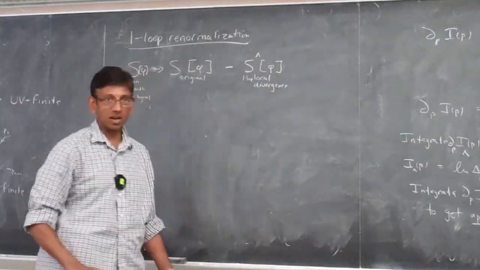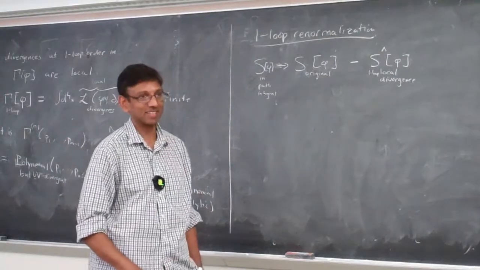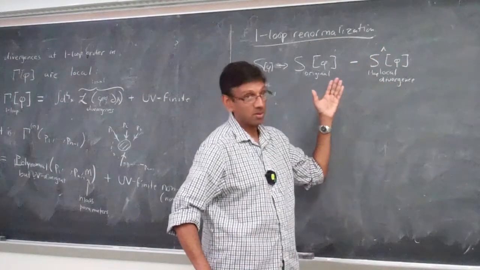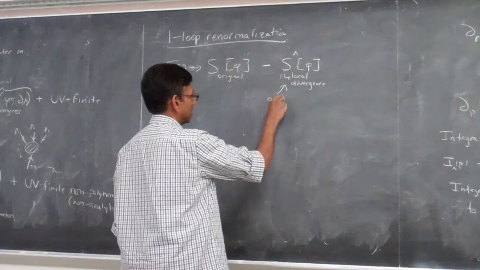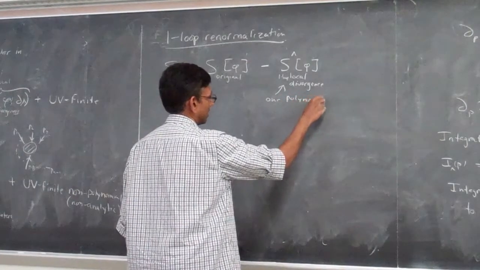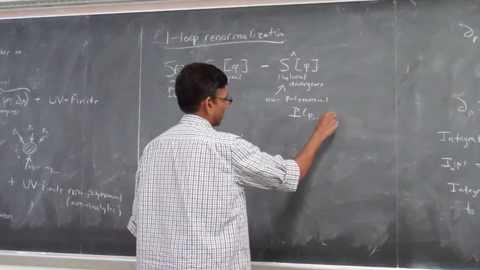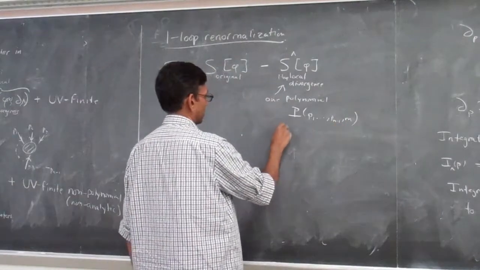Let's keep the cutoff there. In other words, you can't subtract infinite. That doesn't make any sense. But you subtract off this. This is our polynomial in disguise.